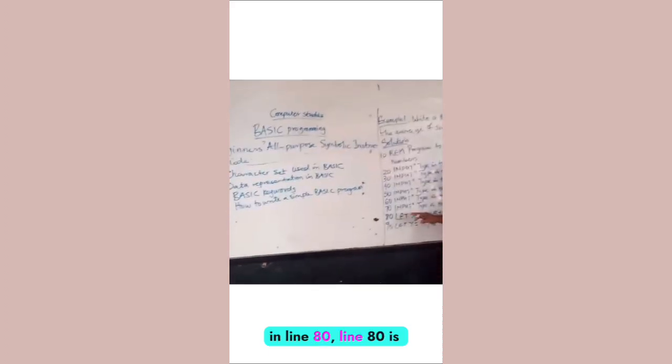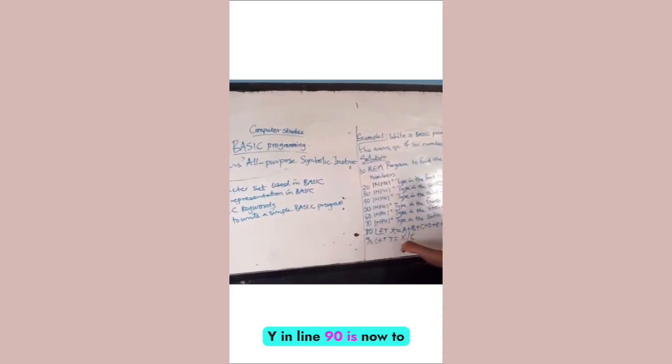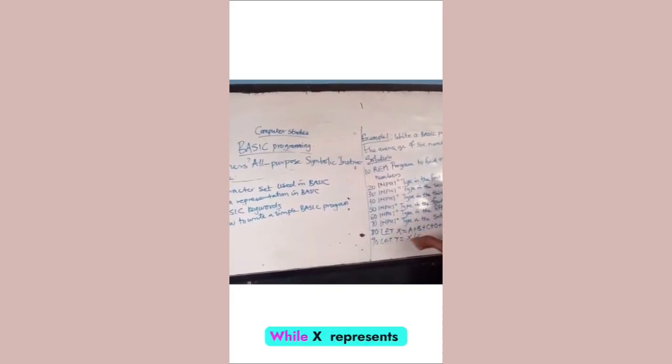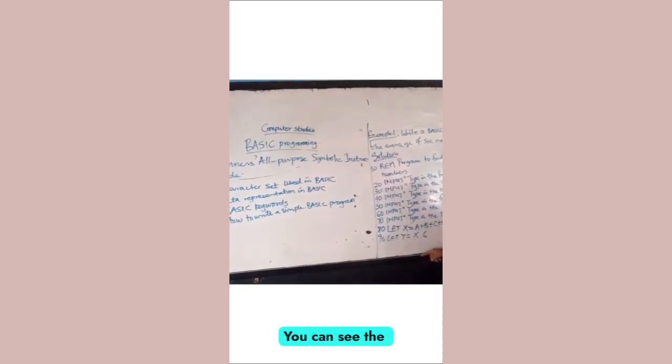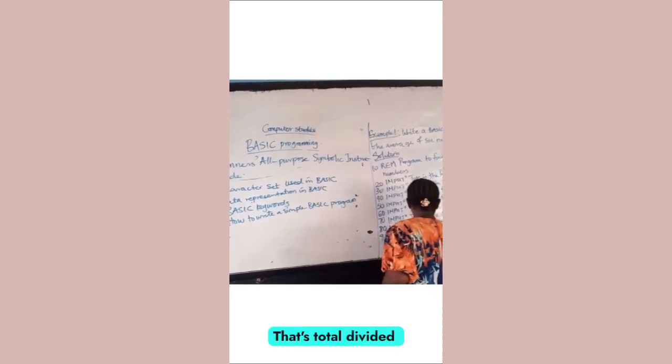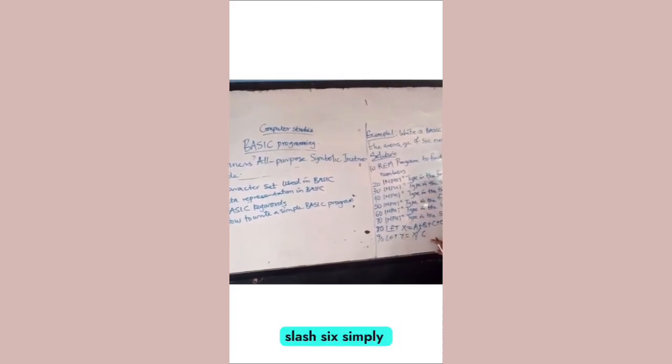So line 80 is for the total, and the total of the numbers will be stored in the variable X, while line 90 is to get the average. X is the variable that stores the total. You can see the division sign: total divided by 6. That is what X / 6 simply means.